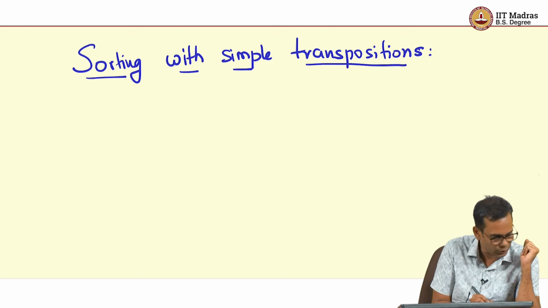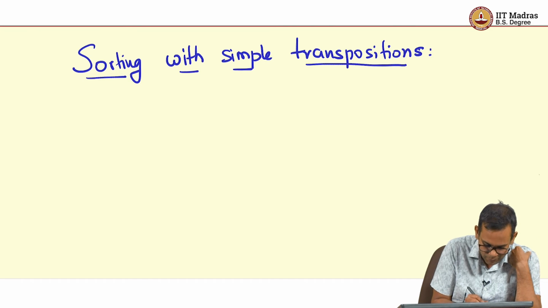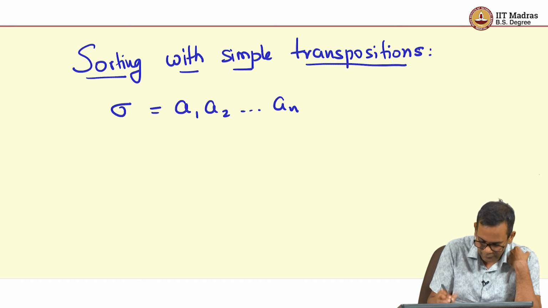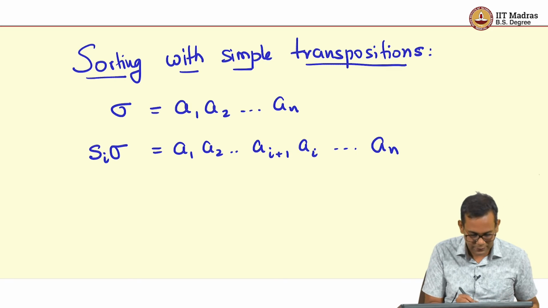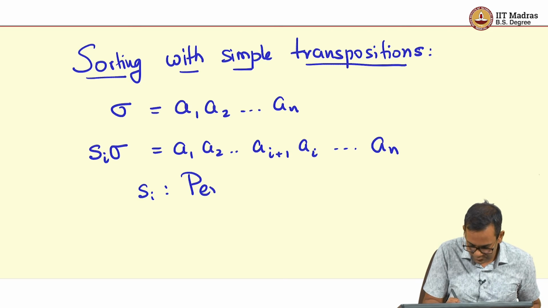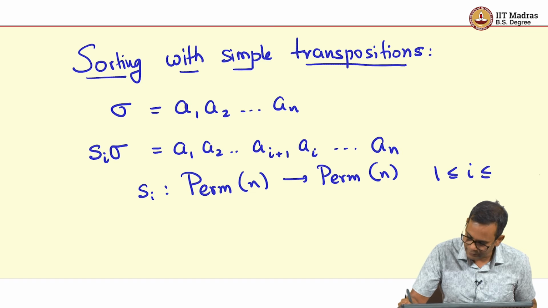It's related to the permutation which is a simple transposition, but let me not get too much into that. So if I have a permutation sigma = A1, A2, ..., An, I will say S_i sigma is a new permutation where I take A1, A2, ..., but I interchange A_i and A_{i+1}. You can think of this as an operation from permutations to permutations, and you can do this for any i between 1 and n minus 1.